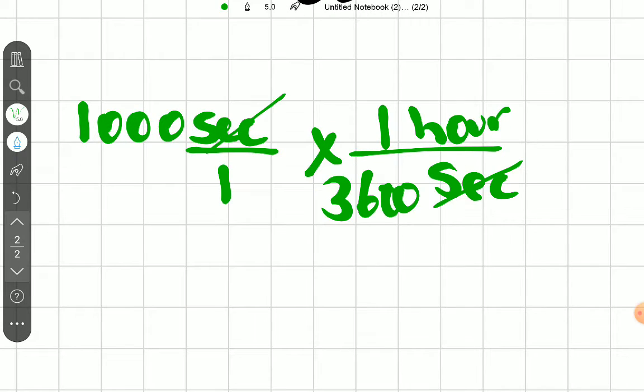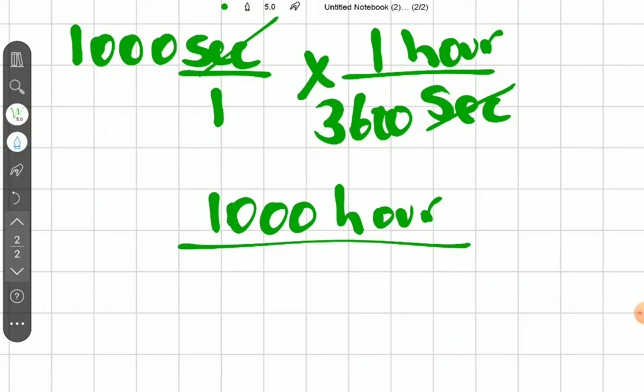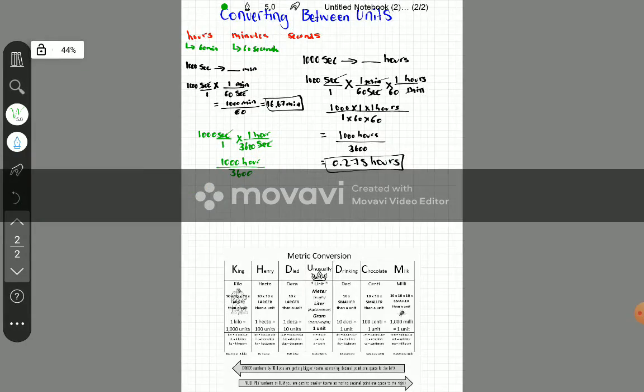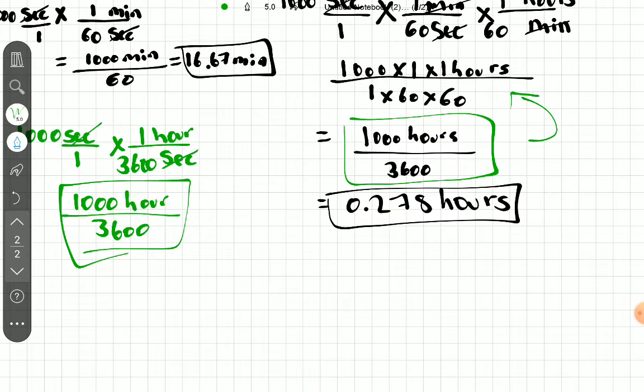Seconds cancel out, and then again it's 1,000 hours divided by 3,600. And if you notice, this is the same thing. It's just we put this extra step in here instead of just knowing it or putting it into our calculator. So you could do it either way, you would end up with the same answer.